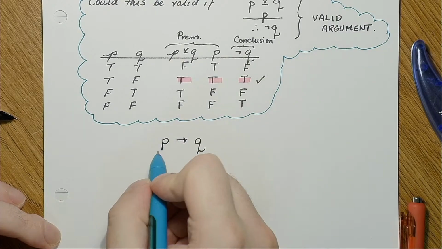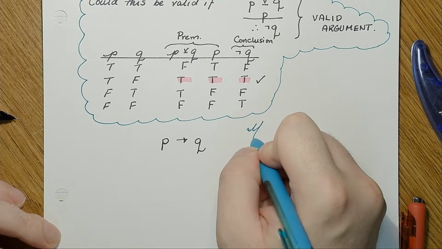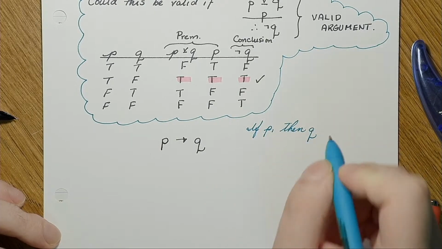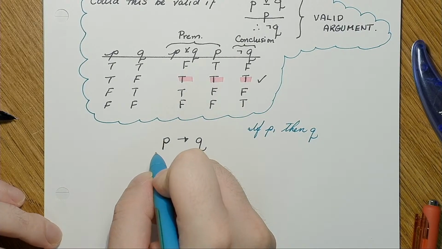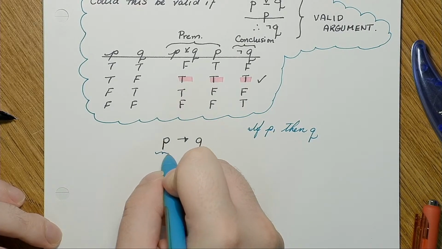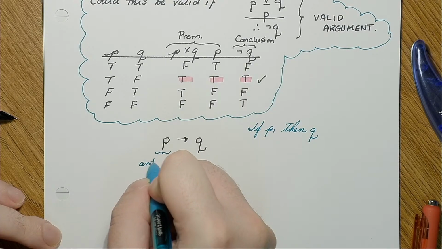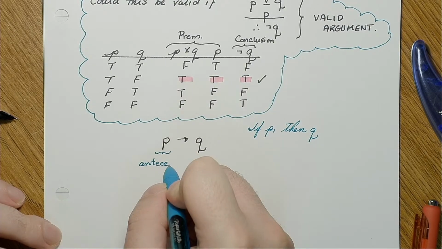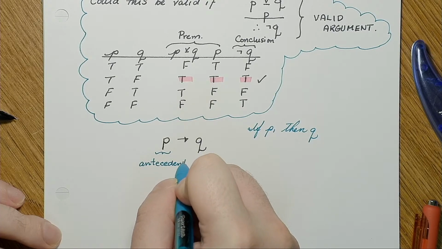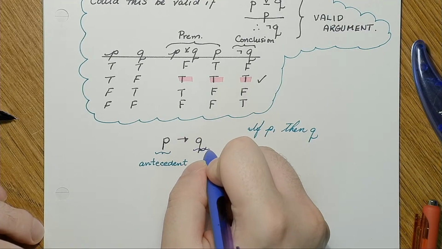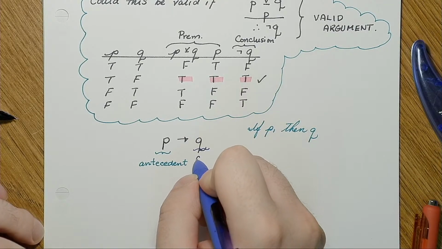We have if P then Q, and in English we usually call the P side the antecedent, and over on this side, this is called the consequent.